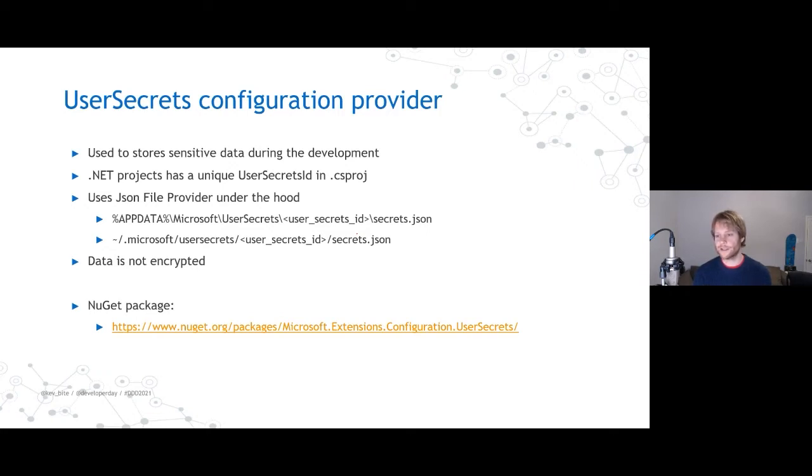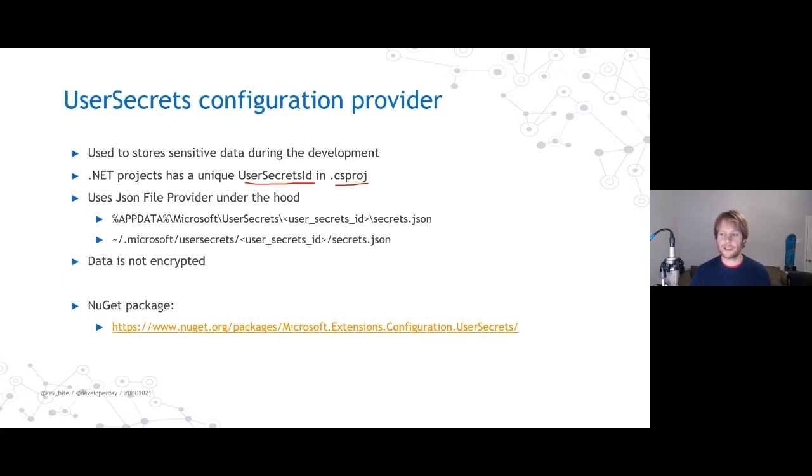These user secrets are correlated by this user secret ID, and the user secret ID is hidden away in the CS project. So the CS project has the same user secret ID for everybody, but everybody has their own special file on their own machine in their user directory for storing the secrets.